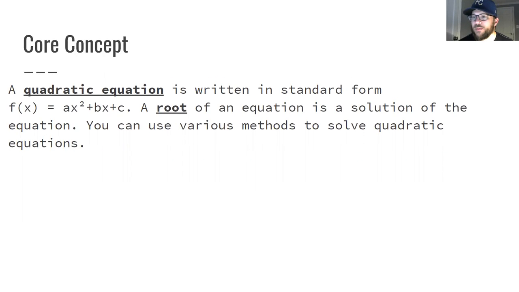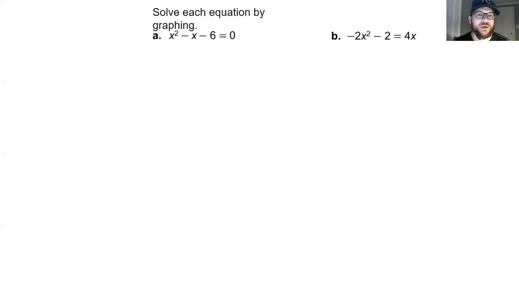And in that U-shape, whether it was pointing up or down, it could cross the x-axis twice. But basically for graphing, you're just finding where the quadratic equation crosses the x-axis, and those x values are your solutions to the quadratic equation.